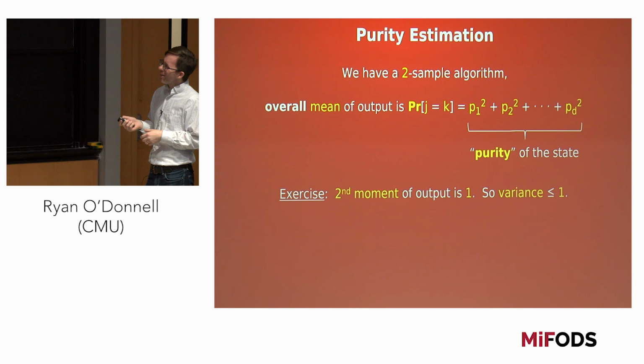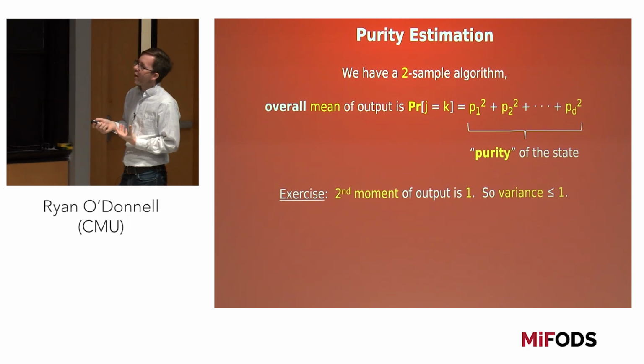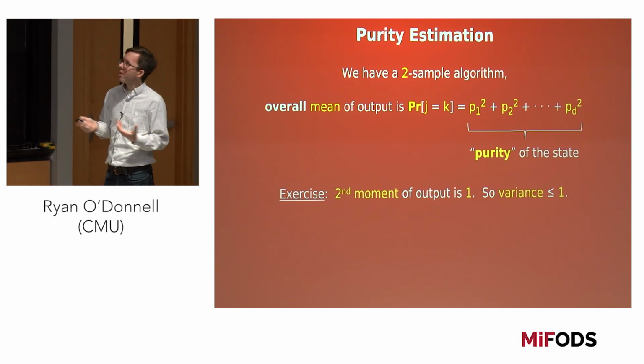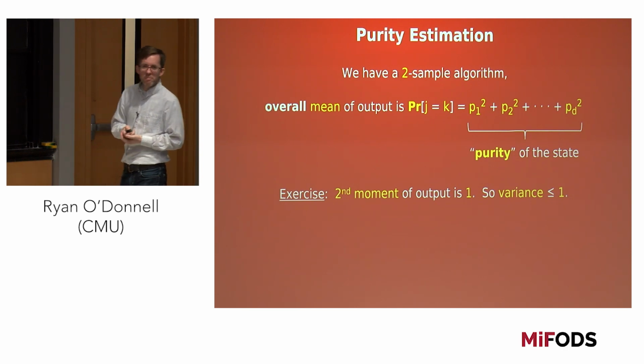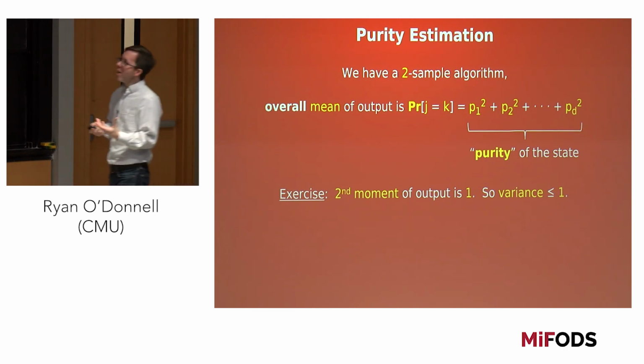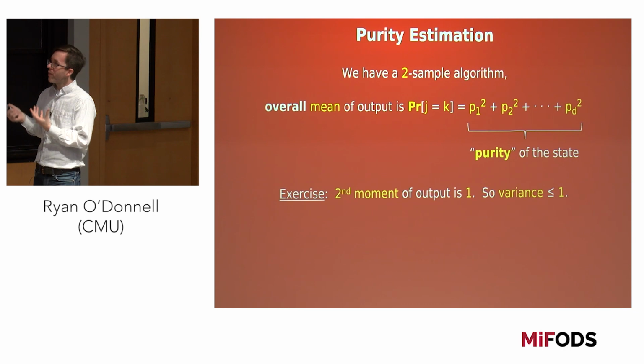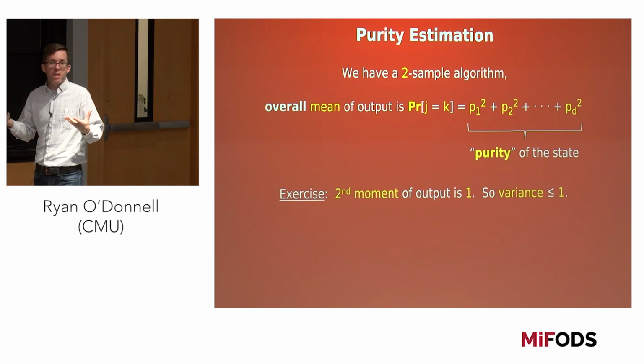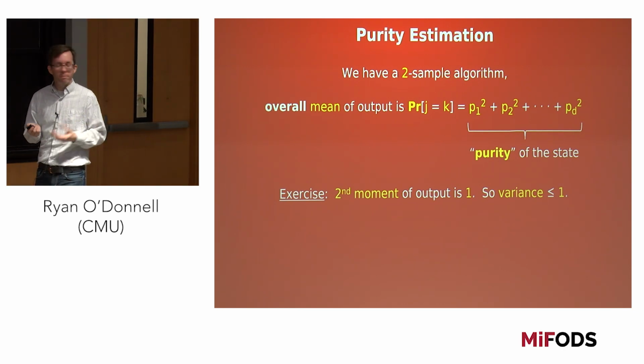In particular, that means you can't really say much more about this random variable's variance than that it's at most 1, because the mean could be a very small number. So finally, you have some random variable whose mean is equal to the purity of the state, whose variance is at most 1, and you can use this to estimate the purity of the state.